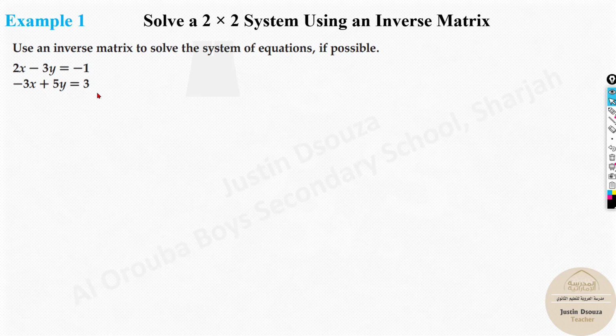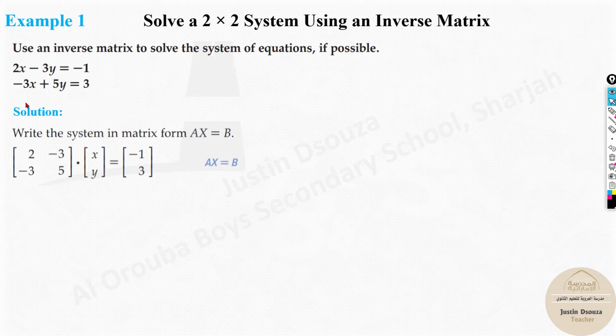Now, there are plenty of ways to solve it. Here, in the first method, you need to split the coefficients, the variables, and the constants on the right side of the equation into three separate matrices. You can see we have just written 2, 3, minus 3, and 5 in the first matrix, just the coefficients. Then the variables. Here, make sure you write it as a single column, two rows and one column.